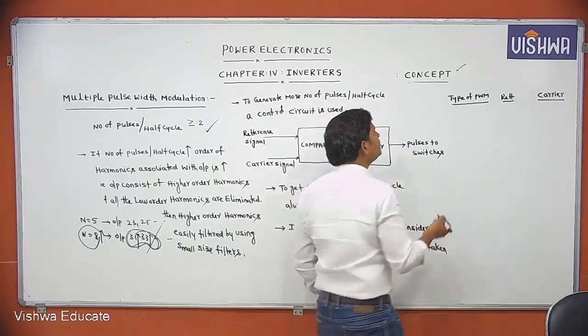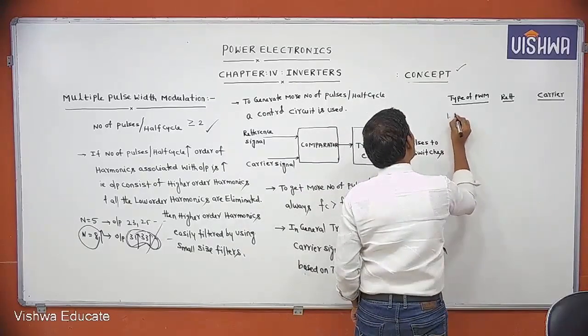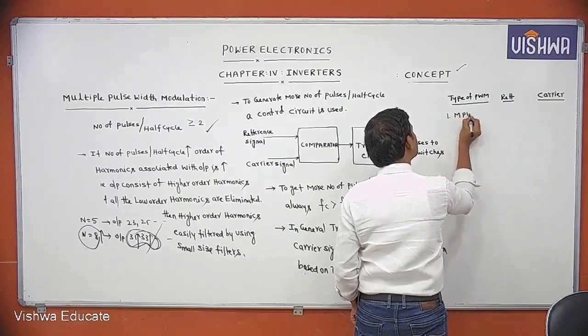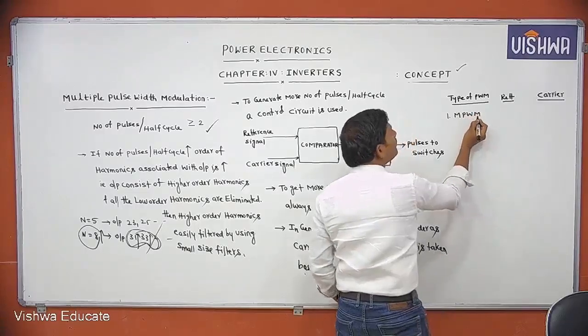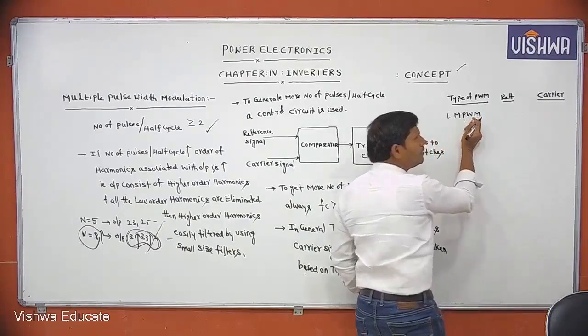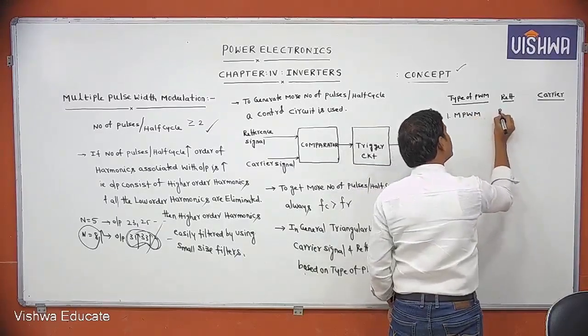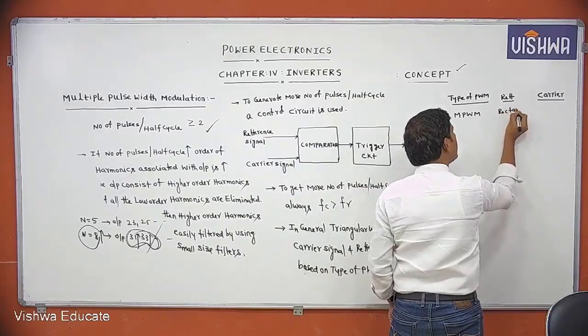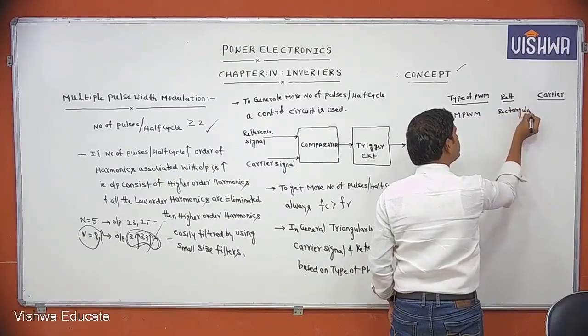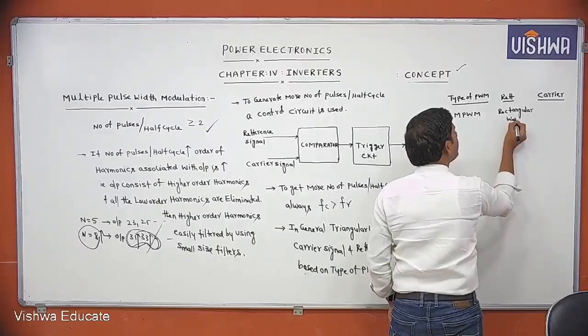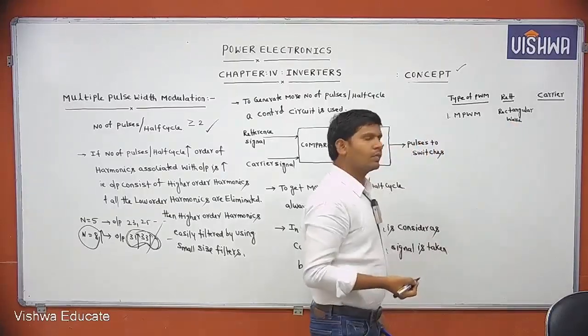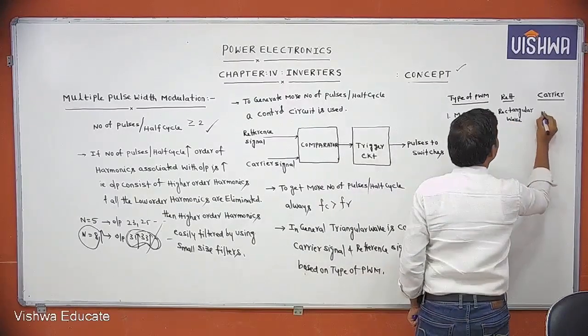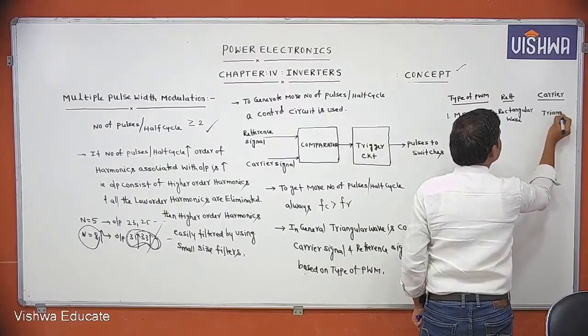If it is multiple pulse width modulation, then which is the reference? The reference signal is a rectangular wave, or you can take a square wave also. Then which is the carrier? The triangular wave is the carrier.